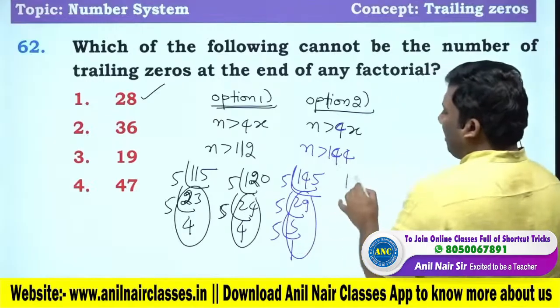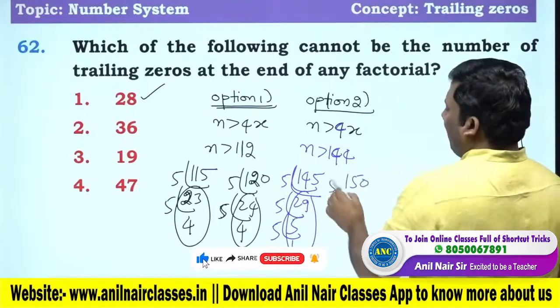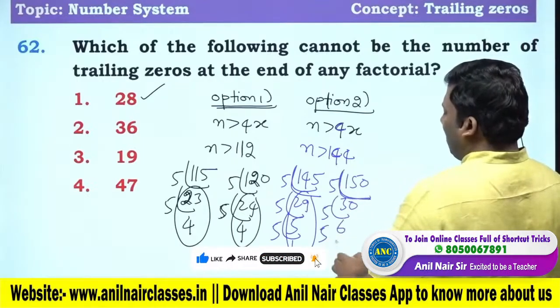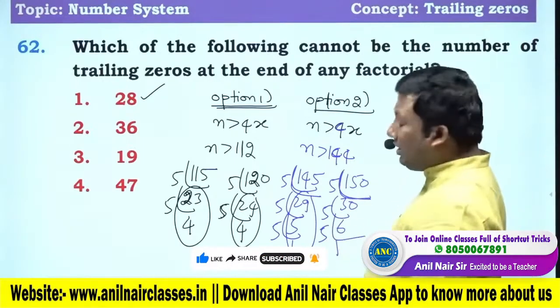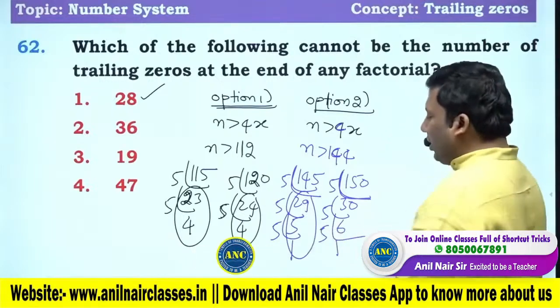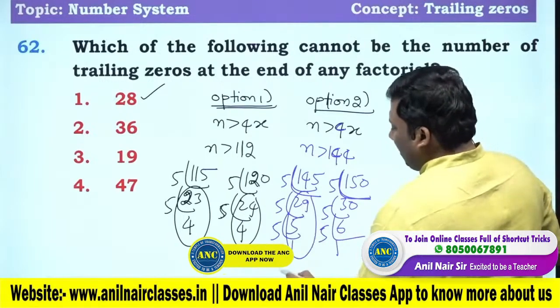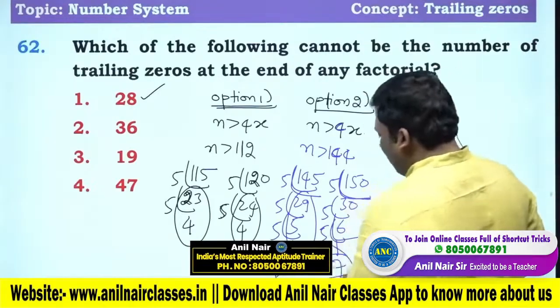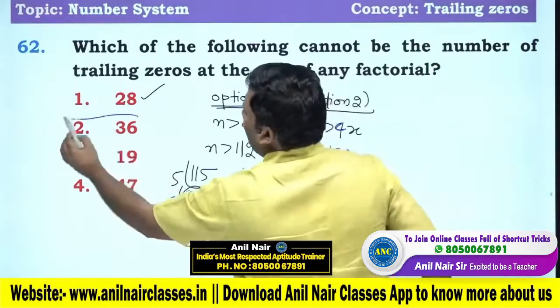Let me take the next number: 30, 6, 1. Anyway, 150 is a multiple of 25, so a jump of 2 will be there. So this will be 35 to 37. 36 will not be possible.